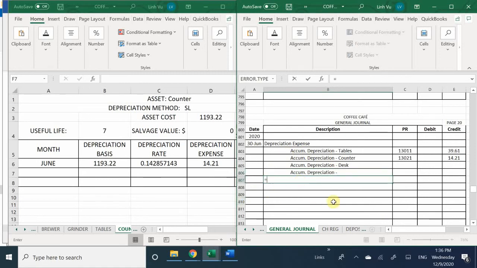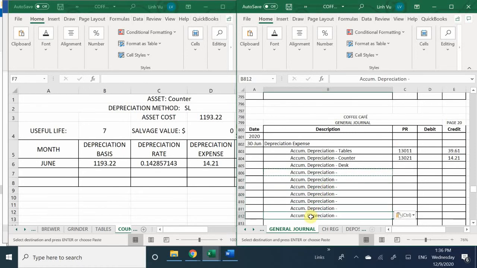So accumulated depreciation. After the table and the counter, we have the desk set. So desk. And that number is 13031. And the amount is $7.84. $7.84.